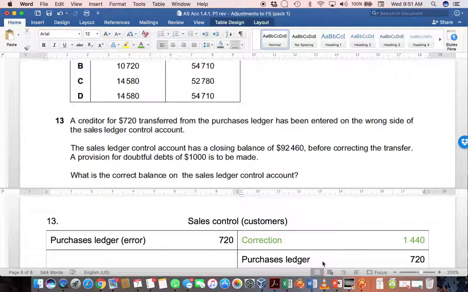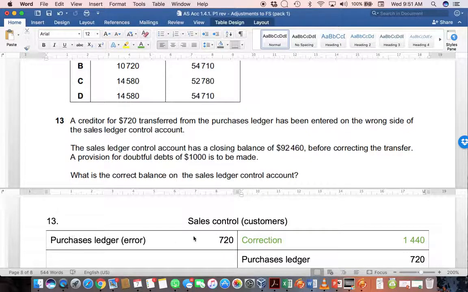Now, if it's from the purchaser's ledger, and it's a creditor, it means that it would have to go in here on the credit side, as it would have been on the credit side in the purchaser's ledger. So we transfer it out of the purchaser's ledger by debiting the purchasers, and we credit the sales control account. So that is what should have happened.